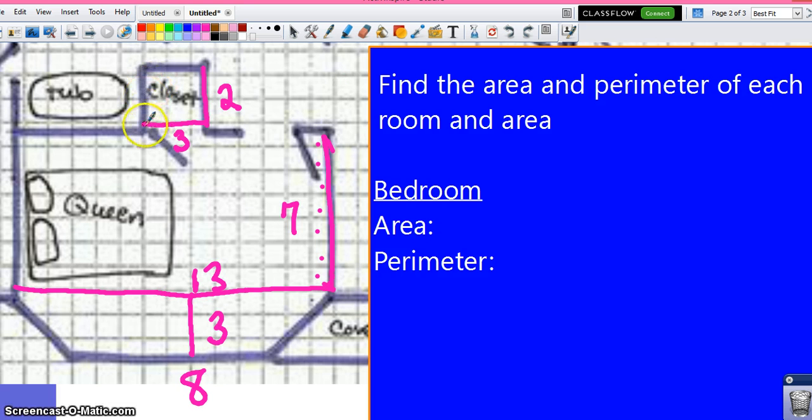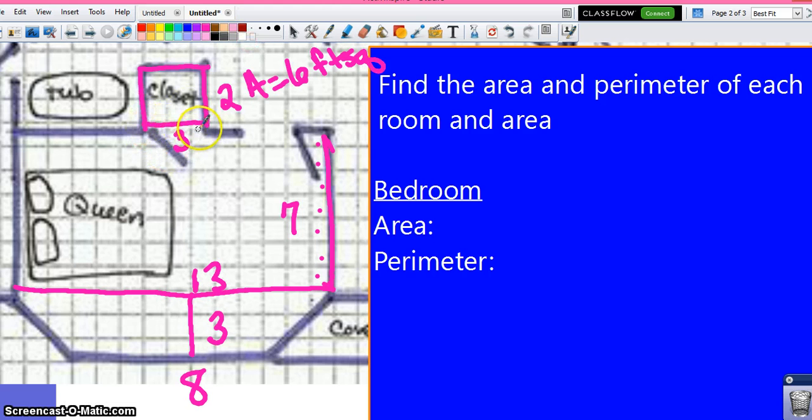Well, something like this closet is easy. To find the area and the perimeter of this, it's just length times width. So the area is 6 feet squared. Now, in order to find the perimeter, all you need to do is go around and count.